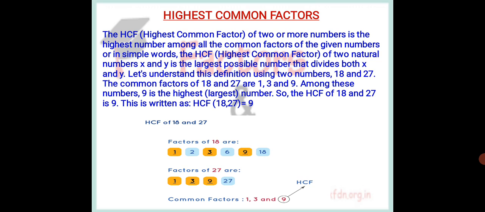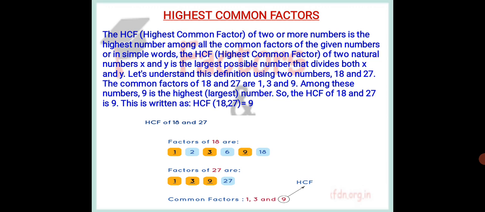Let's understand this definition using two numbers, 18 and 27. First of all, we will find all the factors of 18 and all the factors of 27. Then we will find the common factors among them. And lastly, we will find which one is the highest common factor.